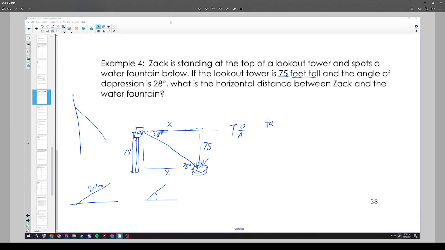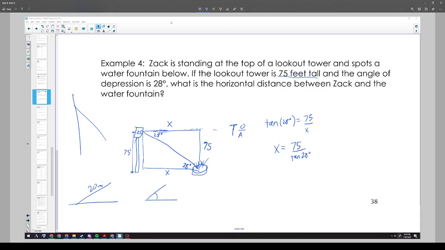So we're going to say tangent of 28 degrees is equal to 75 over x. Again, we need to multiply by x and divide by tan 28, and we get x equals 75 over tan 28 degrees.